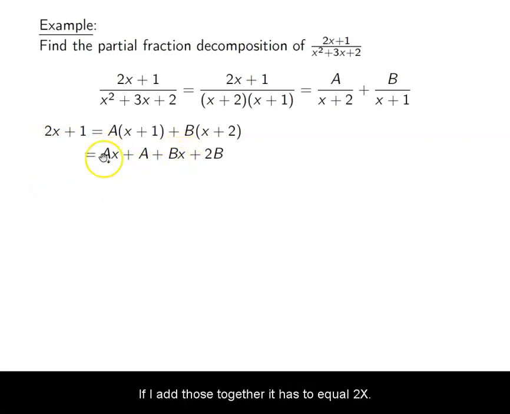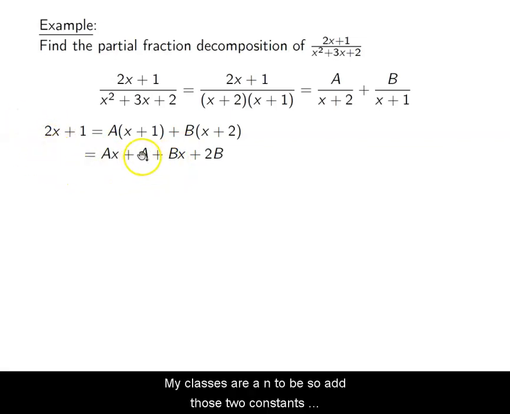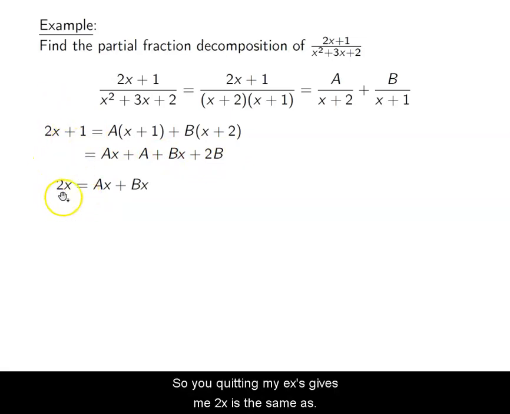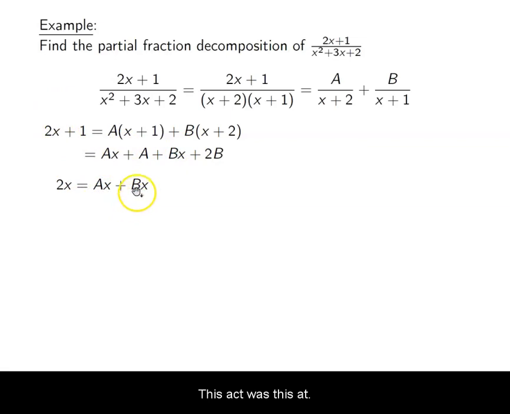If I add those together, it has to equal 2x's. My constants are a and 2b, so if I add those two constants together, it has to equal 1. Okay, so equating my x's gives me 2x is the same as this x plus this x. My 1 has to equal my other two constants.